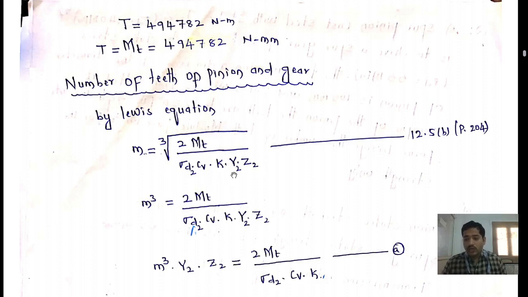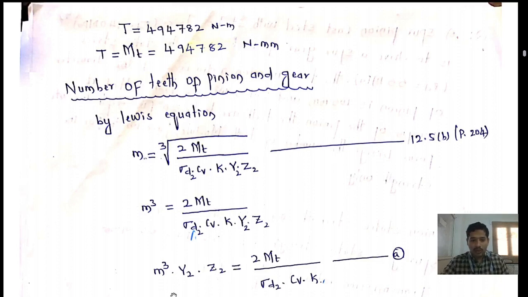Is it right? The same way, z is nothing but the number of teeth. Clear? Then if you remove this cube root, it makes the power 1 by 3. How much will it make here? 1 by 3.